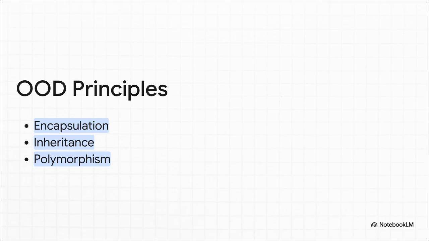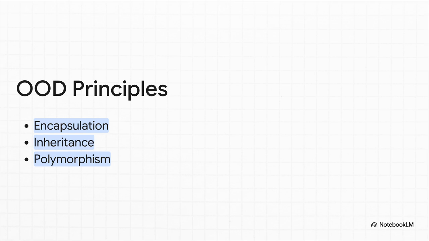First up is encapsulation, tying data and the operations that use that data tightly together into a single unit, a class. Second is inheritance, which we just mastered, creating new classes from existing ones to eliminate redundancy and build logical hierarchies. And third is polymorphism, which is this incredible ability to use a single interface for many different underlying forms, like treating a circle and a rectangle simply as shapes in your code.